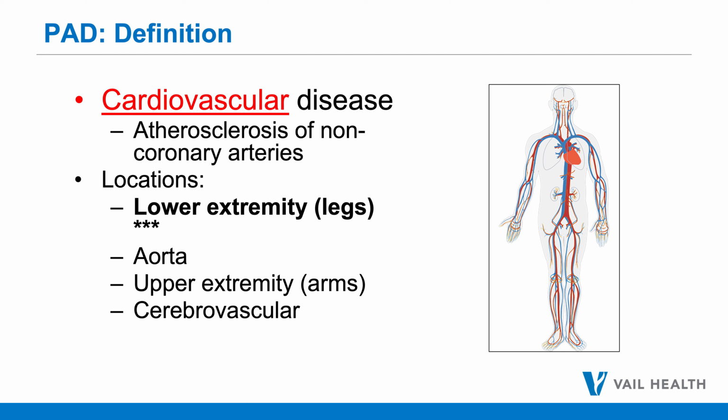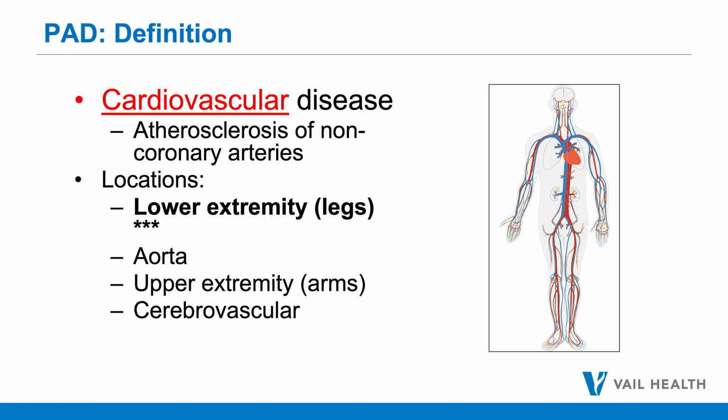So PAD, ABI, sorry, just so that you know what we're talking about. This is some of the stuff that we've just started doing up here. It's basically when people have blockages in their leg arteries, they can present with pain, they can present with wounds. And it's not just a quality of life thing. If you have a wound that's not healing, you're at risk of losing your leg. If you lose your leg, you don't live as long.